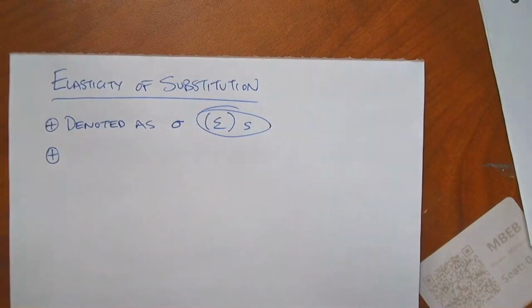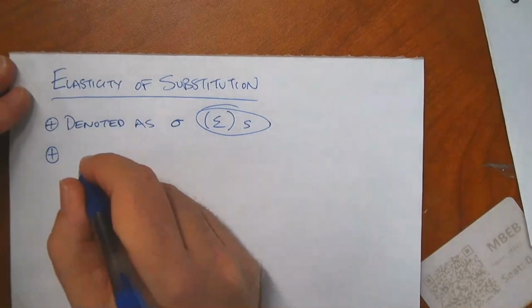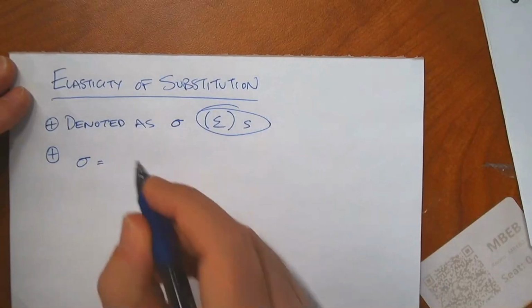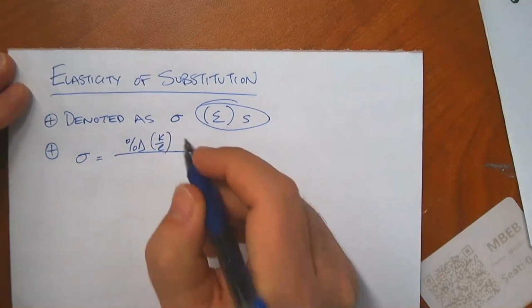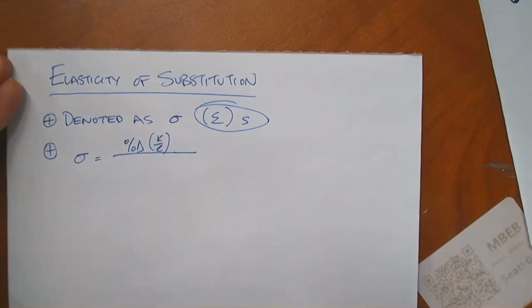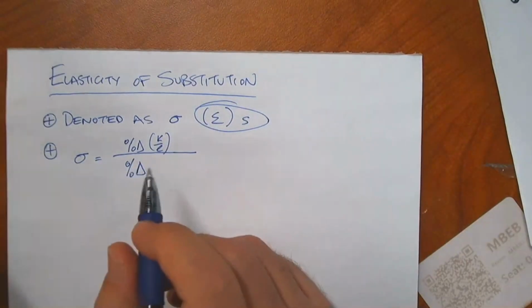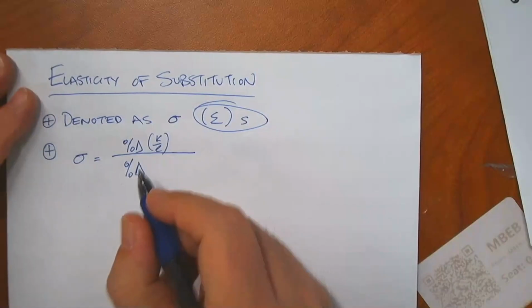What does it measure? The elasticity of substitution measures the proportionate change in the capital to labor ratio relative to the proportionate change in the MRTS along an isoquant. So that's a big sentence. I'm going to write it down mathematically first. Sigma is equal to the percent change in the capital to labor ratio as you change the MRTS by a small percentage.